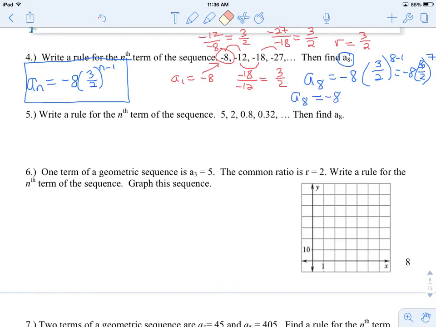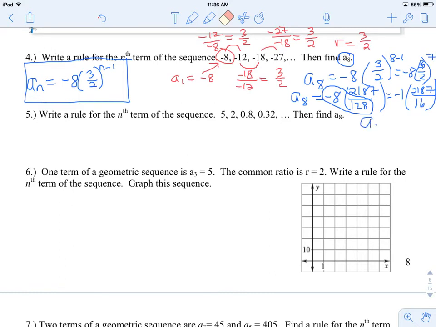Well, that's -8 times, if we do 2 to the 7th power, we get 128. 3 to the 7th power is 2,187. I can reduce the -8 and the 128. They're both divisible by 8, so I can reduce it to become -1 times 2,187 over 16.